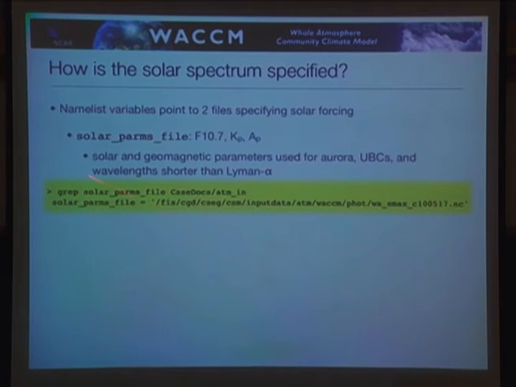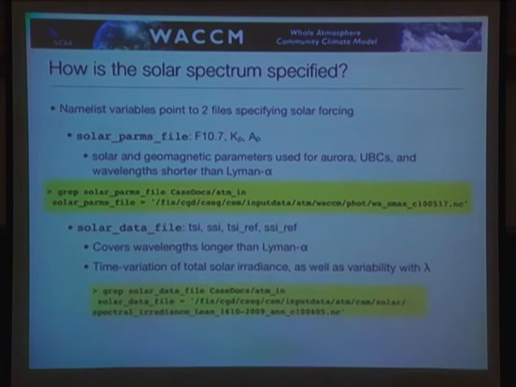If you were to grep the namelist for that solar parms file, you would see where it is. This is an example of that, and we'll look into that in the next slide. The other file is called the solar data file, which covers wavelengths longer than Lyman alpha, and it has time variation of the total solar irradiance, or TSI, as well as variability with wavelength, which is the solar spectral irradiance, or SSI.